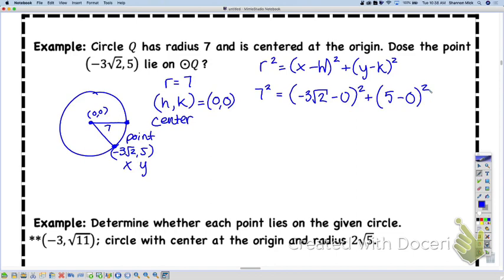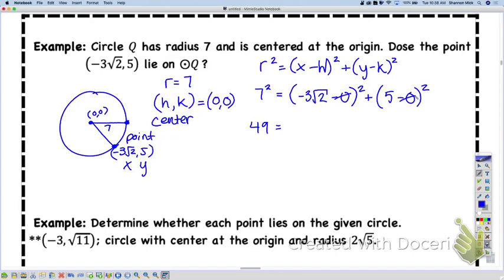So the left has to equal the right, doesn't it? So what's the left equal? 7 squared is 49. When I minus 0, there's just nothing there, right?